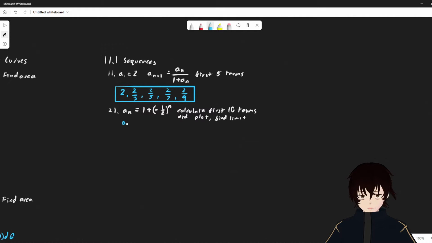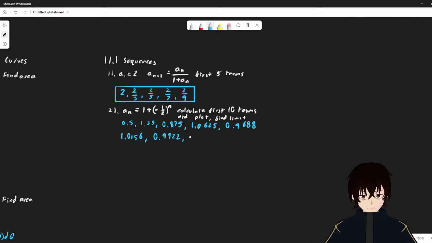All right, first 10 terms: 0.5. Why do we need this question? 1.25, 0.875, 1.0625, 0.9687 to 4 decimal places, 1.0156. Term 7 is 0.9922.